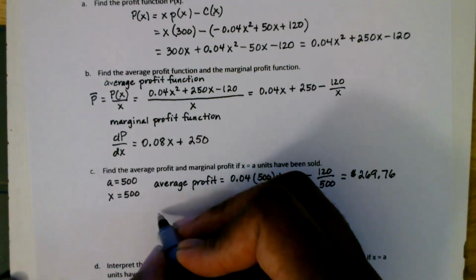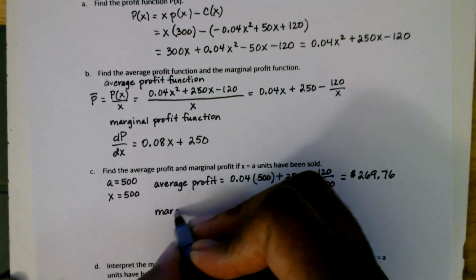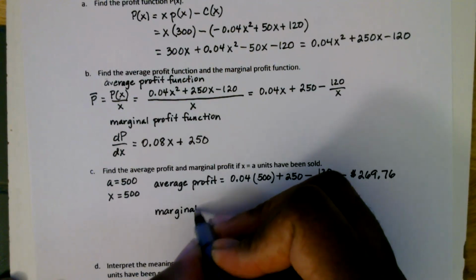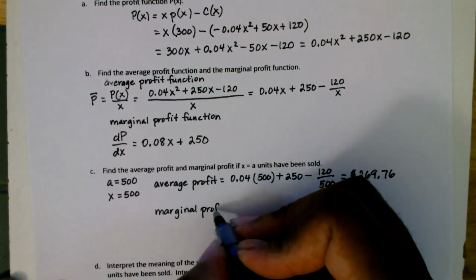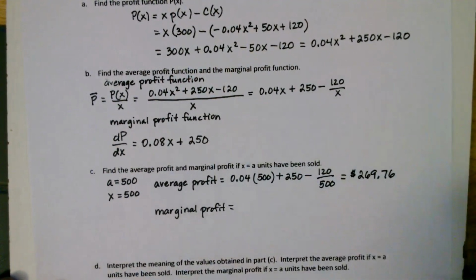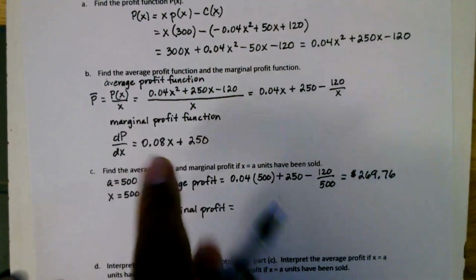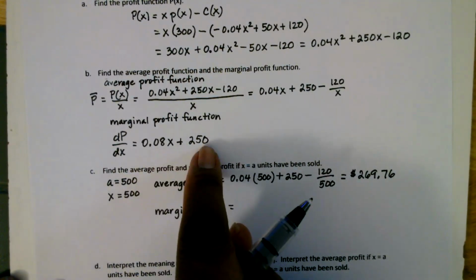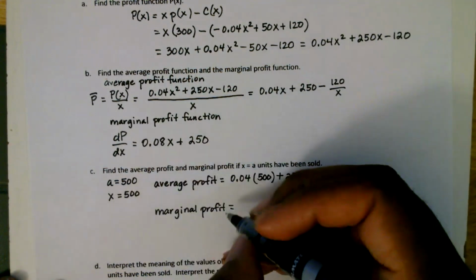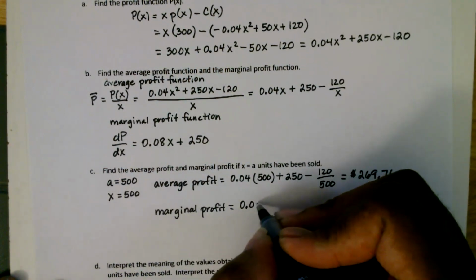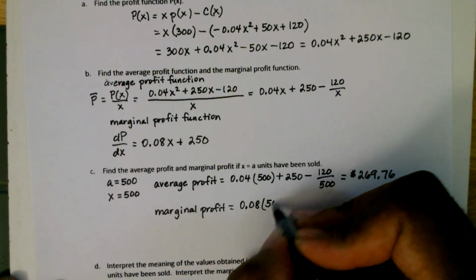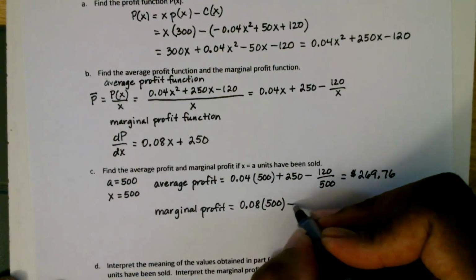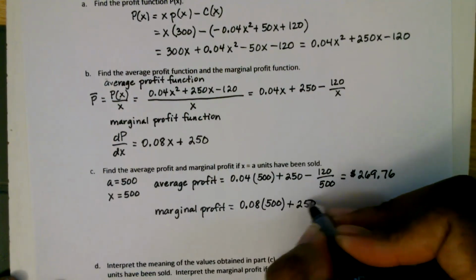And now for the marginal profit. We're going to use that marginal profit function of 0.08x plus 250. Substitute the x with 500. So it'd be 0.08 times 500 plus 250.